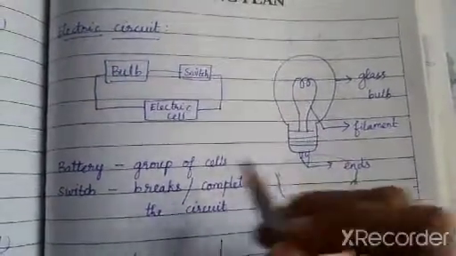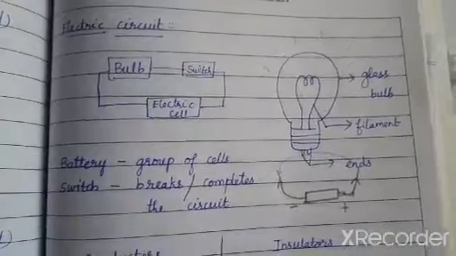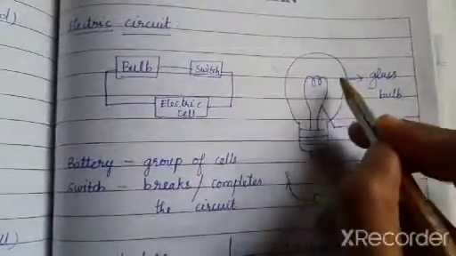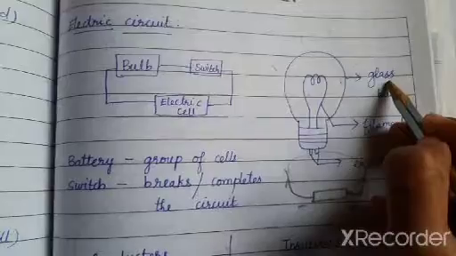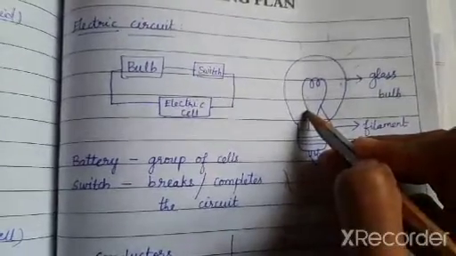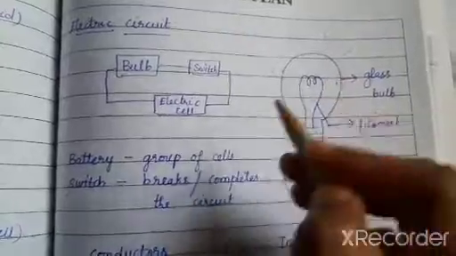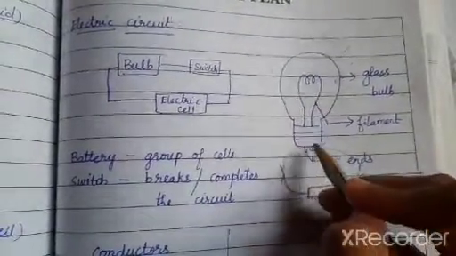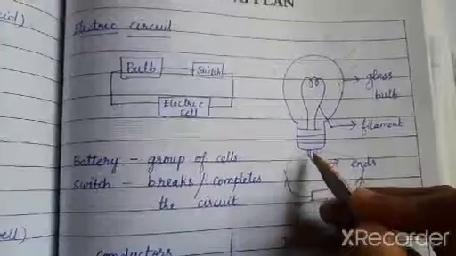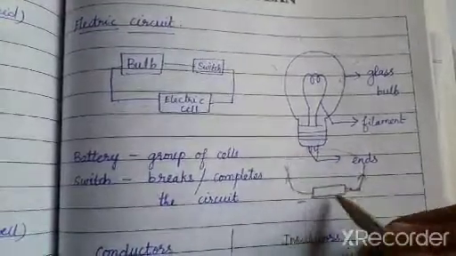There is no interruption. Okay children, so in a bulb you will have an outer cover made up of glass and inside you will have the filament for the bulb to glow, and in the bottom you will have the two ends to receive the current flow from the electric cell.